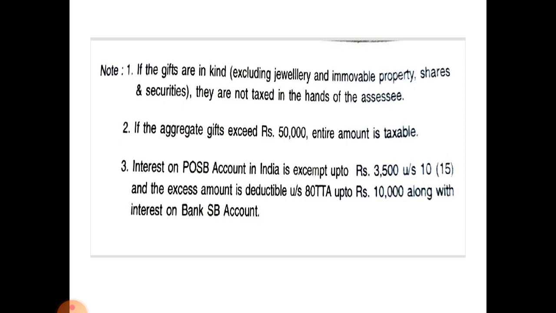Section 80TTA relates to deduction in respect of interest on bank deposit, that is savings bank deposit. Here along with that interest, 10,000 also is deductible. You have to remember all these points, that is 34 items which are taxable under 3 categories and these 3 notes.